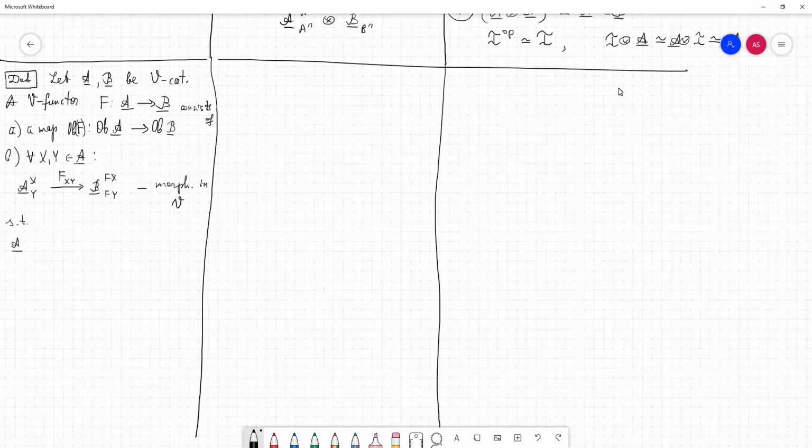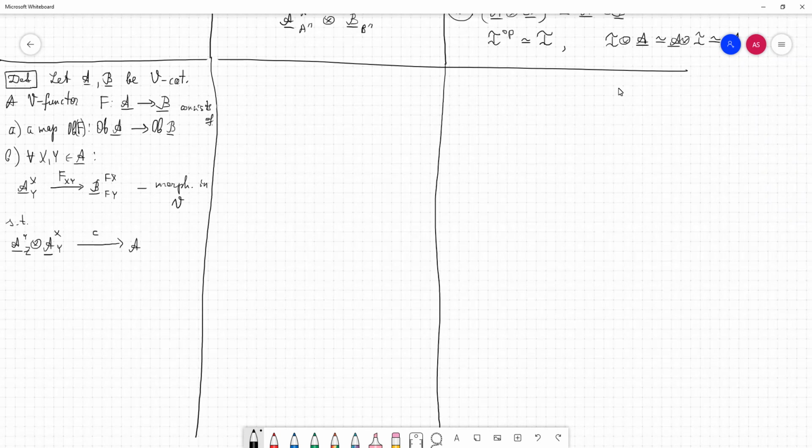So we will have here A(Y, Z) tensor A(X, Y). If you remember, I did it in lecture number 1 when I was describing how to write an element-free definition of a functor.